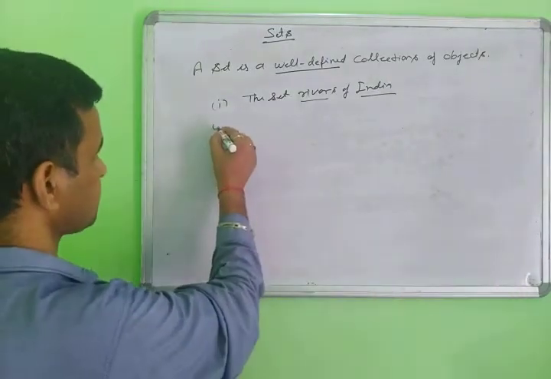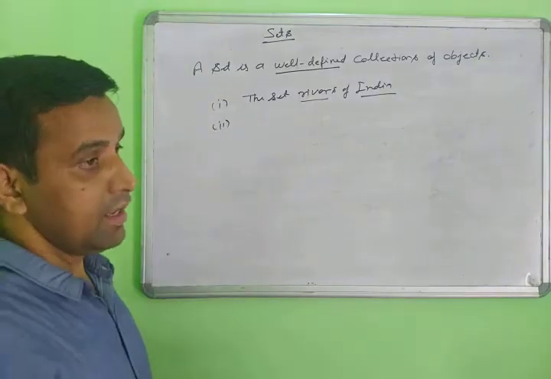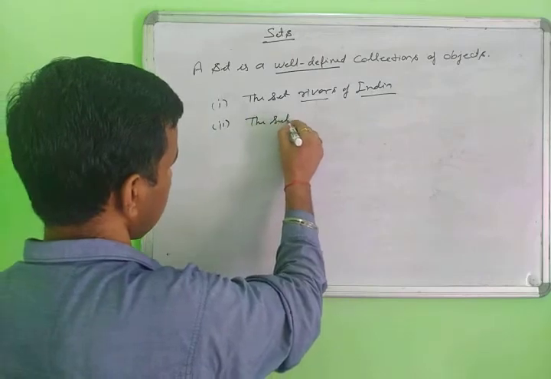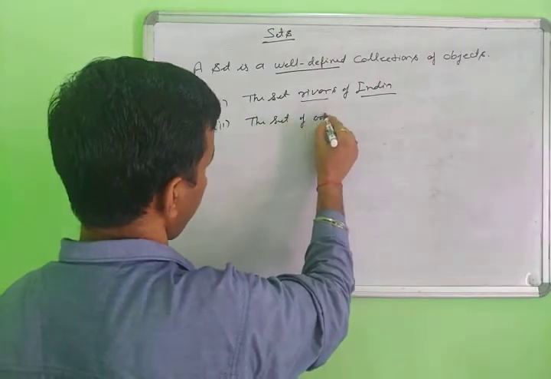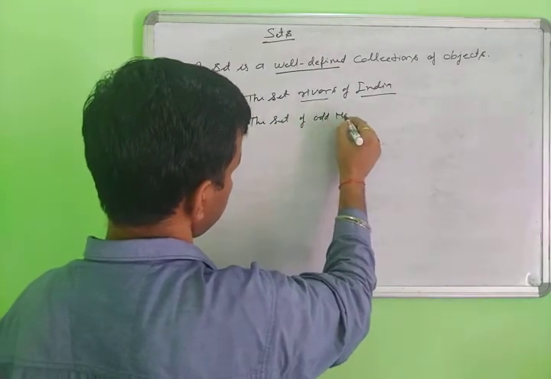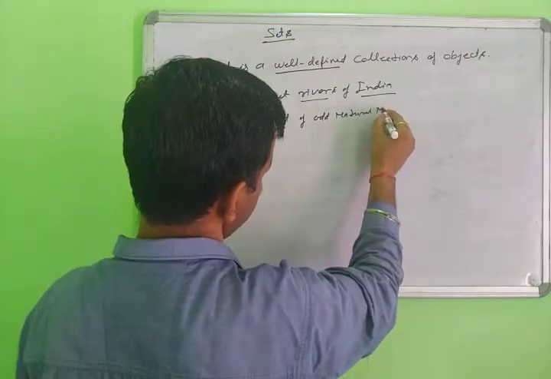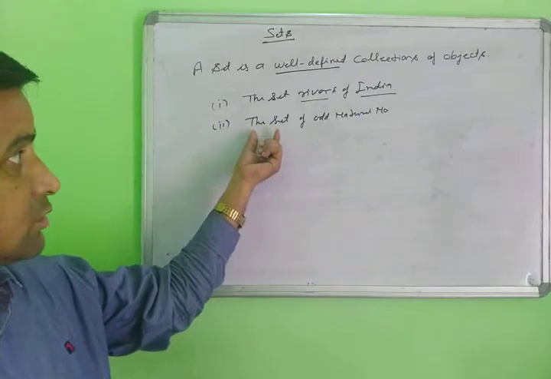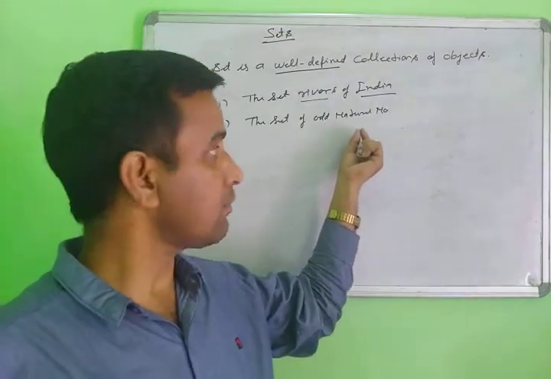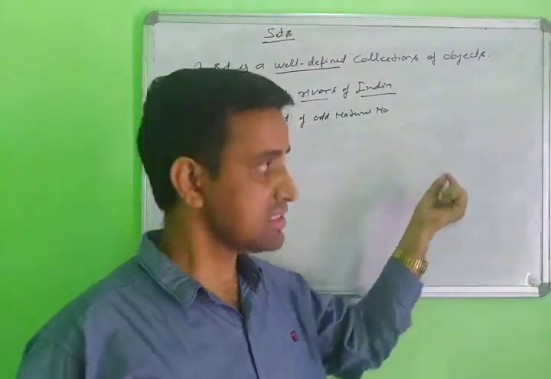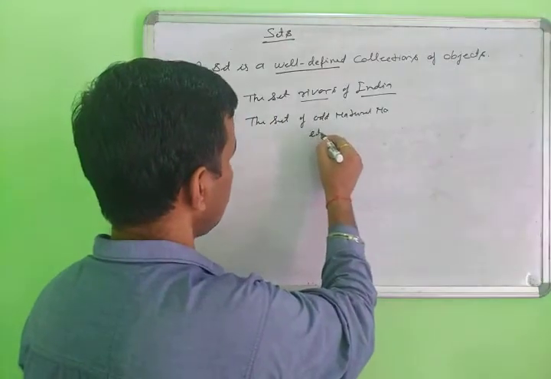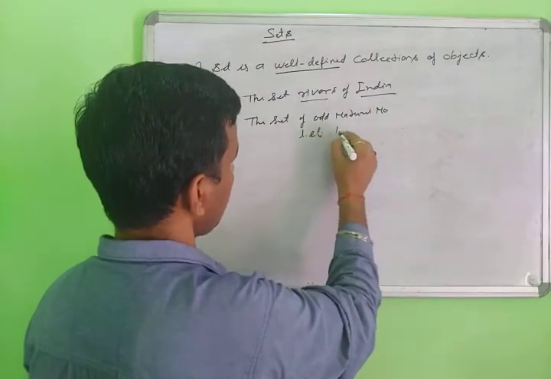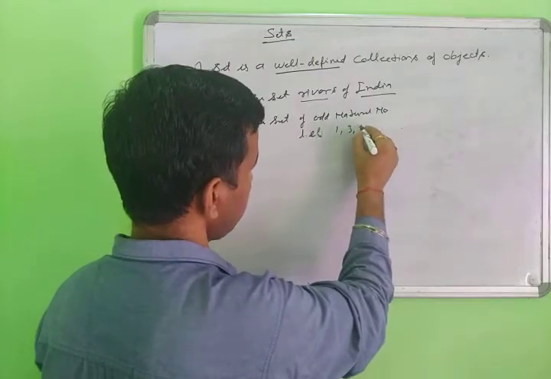Second thing means this set of odd natural numbers. You know you can easily find out which number is odd, that is 1, 3, 5, 7.